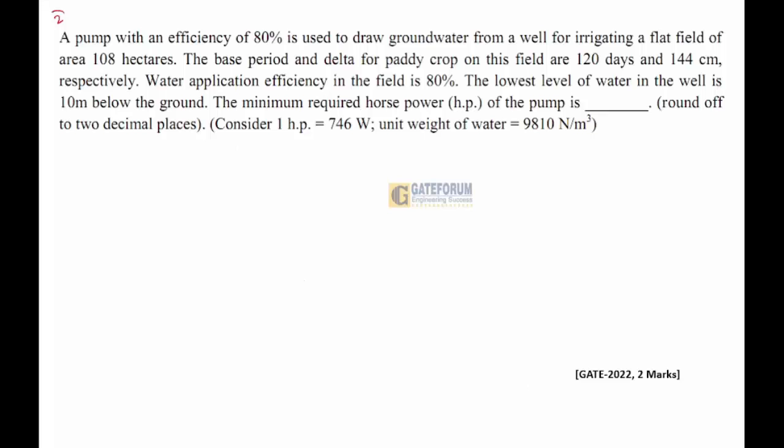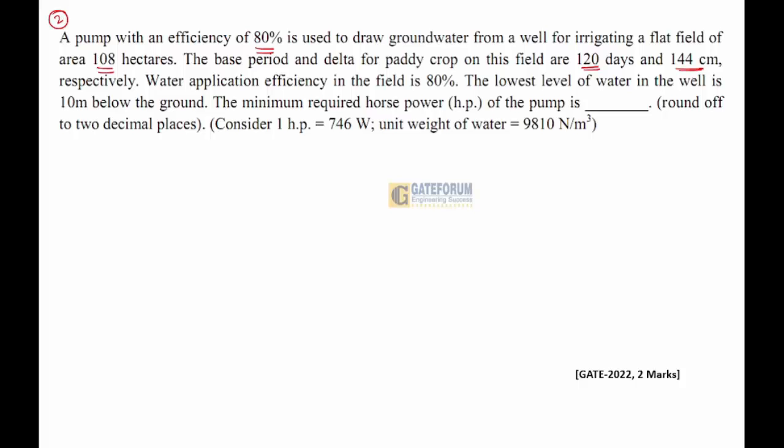Question number 2. A pump with an efficiency of 80% is used to draw groundwater from a well for irrigating a flat field of area 108 hectares. The base period and delta for paddy crop on the field are 120 days and 144 centimeters respectively.